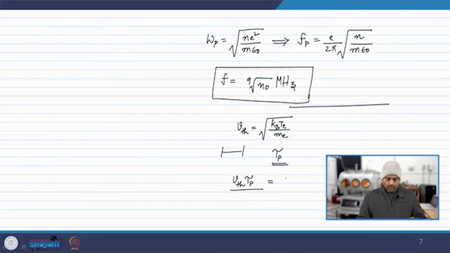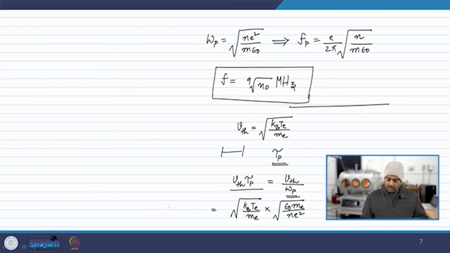So, this is how much the electron will travel within that tau_p, which can be written as V_th by omega_p. If we use the expression for V_th that we have here and omega_p, the plasma frequency expression that we have here, we can write this ratio as square root of k_B T_e by m_e, which is actually the thermal velocity, multiplied by 1 by omega_p, which is square root of epsilon_0 m_e by n e^2.